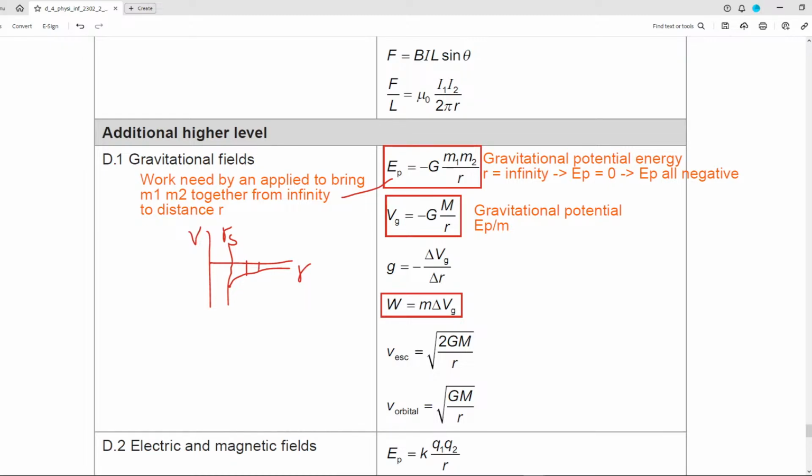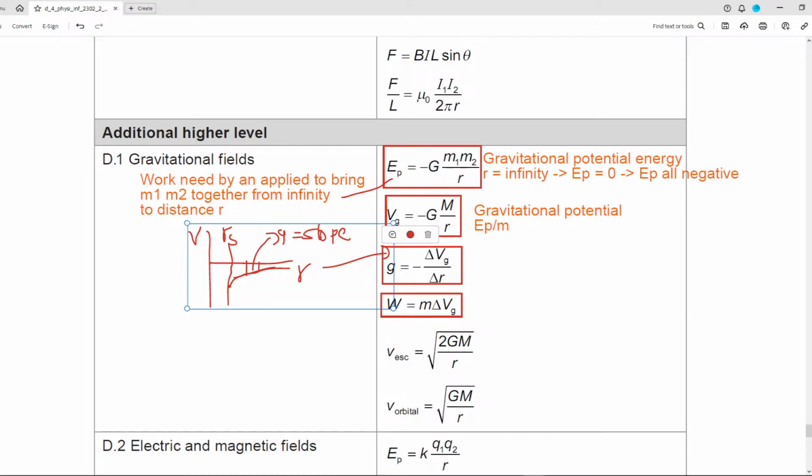Then we take the slope of the tangent line over here. We call that the gravitational field strength, or rather the negative of that, because the field gets stronger as it goes down. Gravitational field strength is basically the change in gravitational potential over distance.